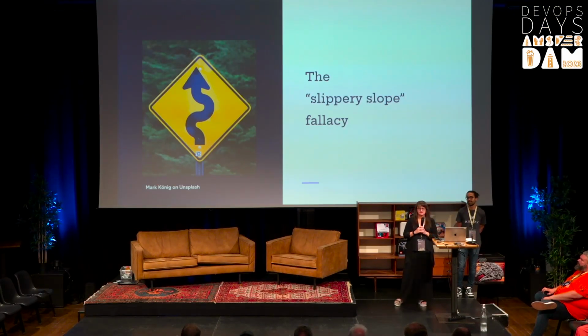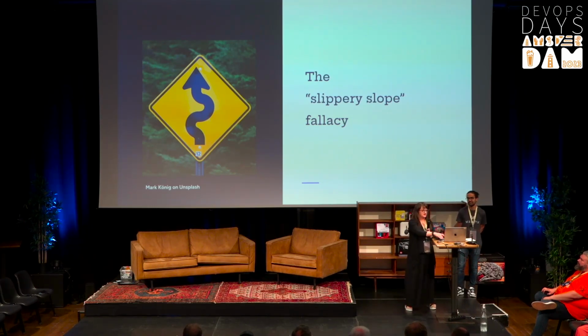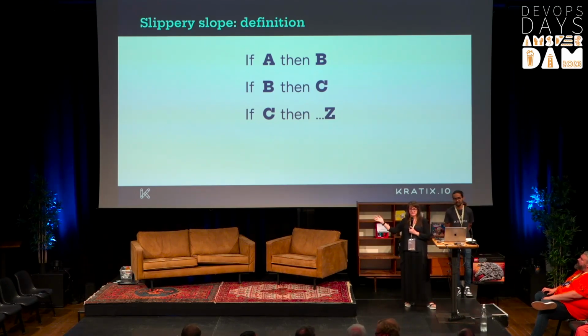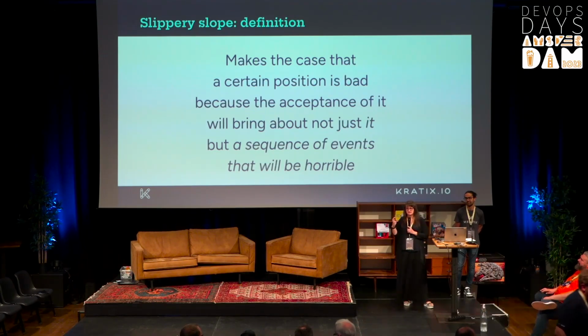The next fallacy is the slippery slope fallacy. And this fallacy goes, if I have A and then B, and B gets C, well, C obviously is going to get us all the way to Z. There's just an inevitability. We all know this. This is definitely what's going to happen. It's taking a small idea.